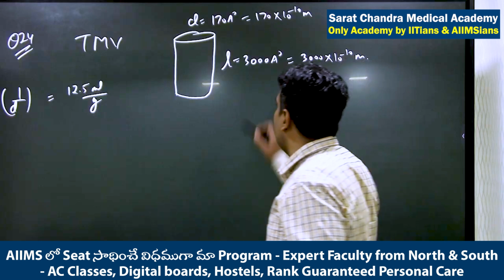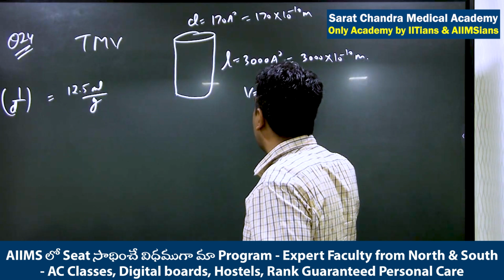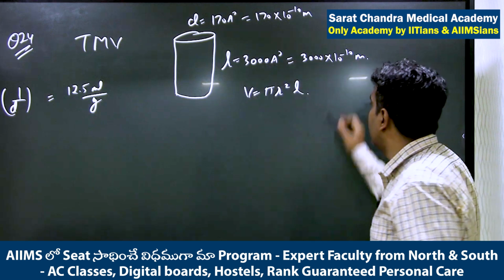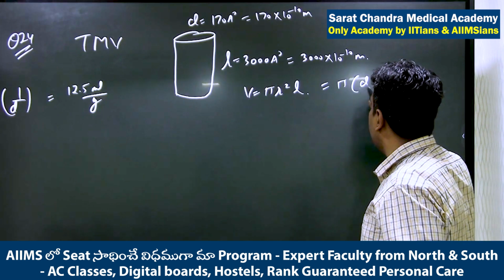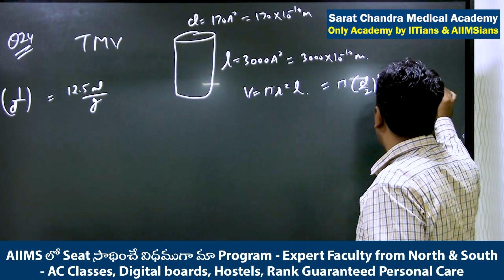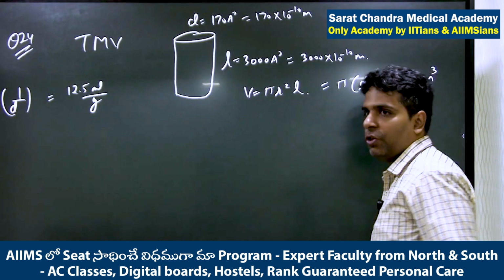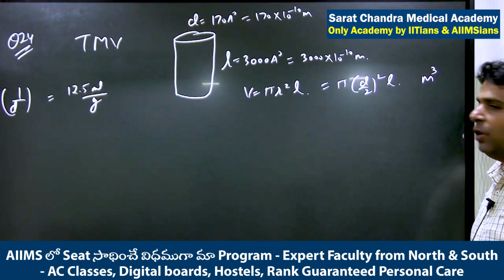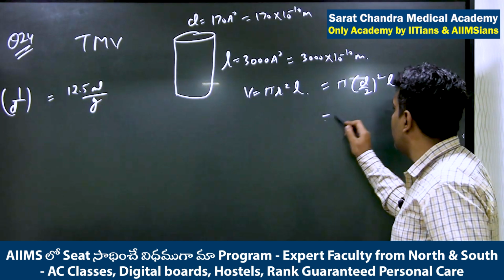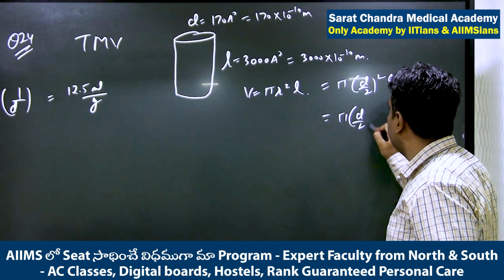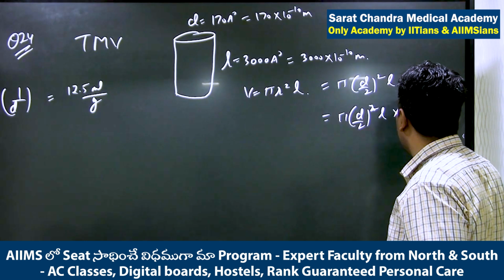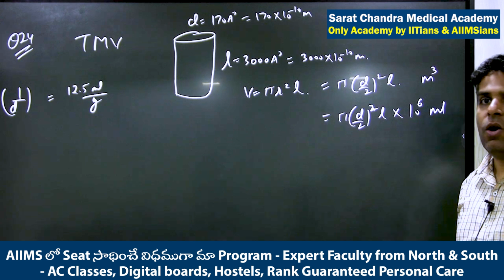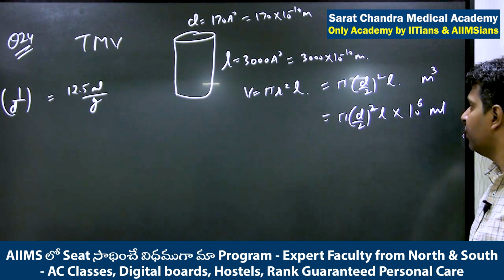So let us first find out the volume of virus. So volume of virus will be pi r square L. It is in the shape of cylinder. Pi d by 2 whole square L. So volume, first of all, you will find out in meters cube. Taking the length and diameter in meters, you will find out the volume in meters cube. Now this volume you will convert into ml. 1 meter cube is 10 to the power 6 ml or 10 to the power 6 centimeter cube.